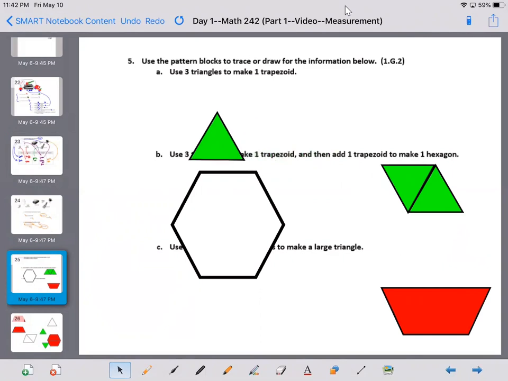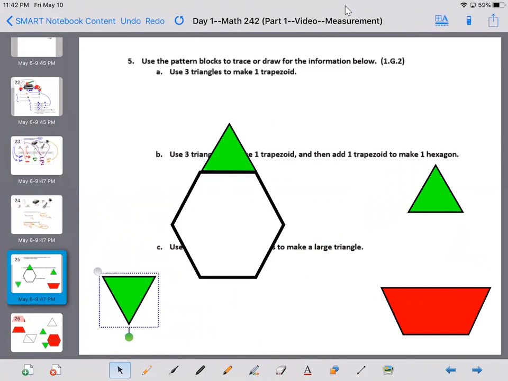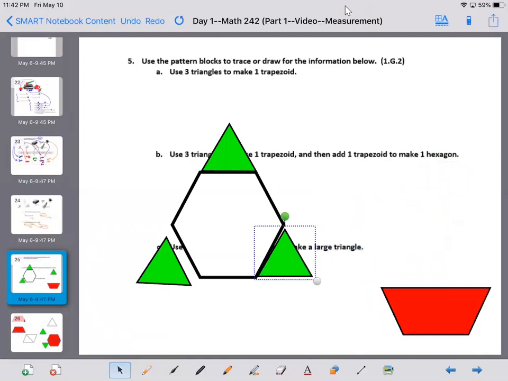And you find out that you're going to place those kind of on the sides. Kind of make that larger triangle.